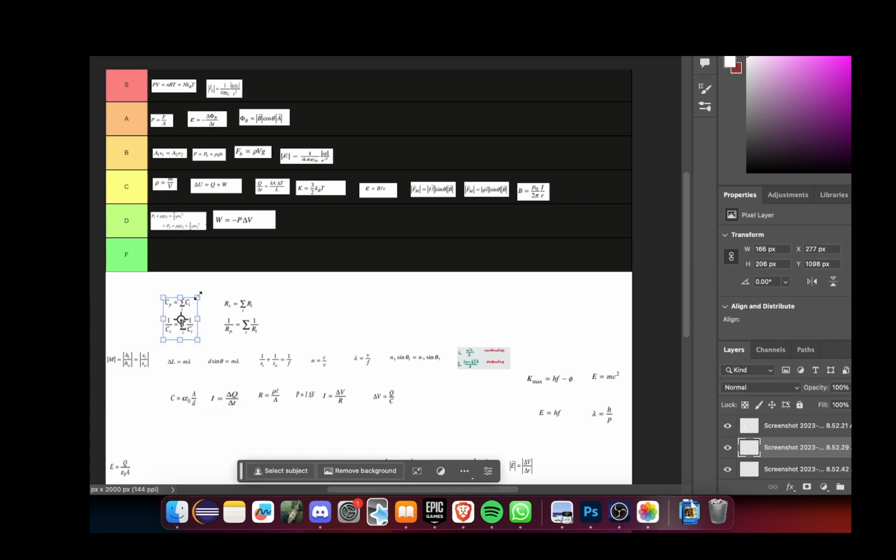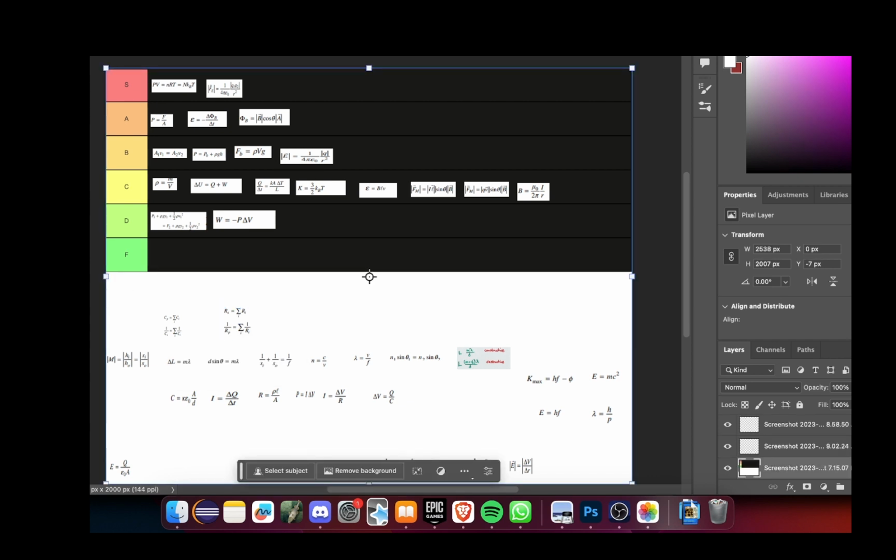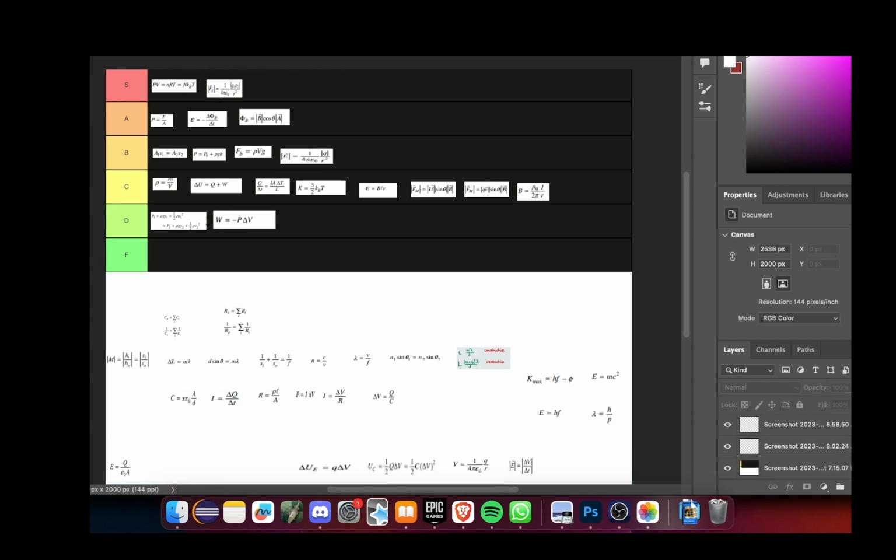I mean, they were used a lot, at least in our circuits unit, and they were also not that hard to use as long as you identified Kirchhoff's rules and you knew what equation to use for what part of a circuit.